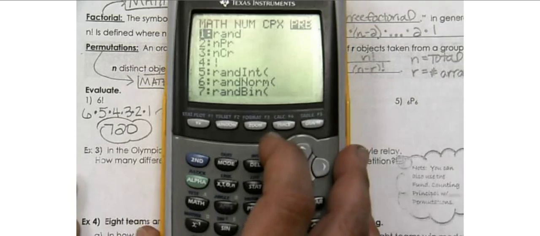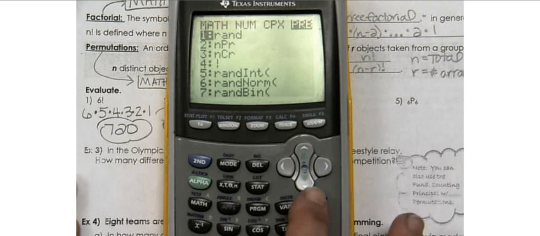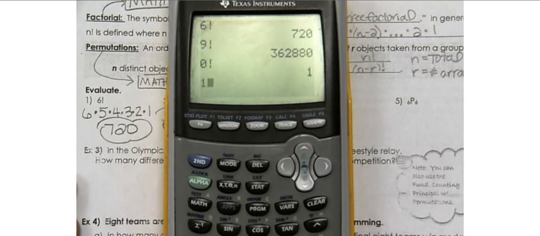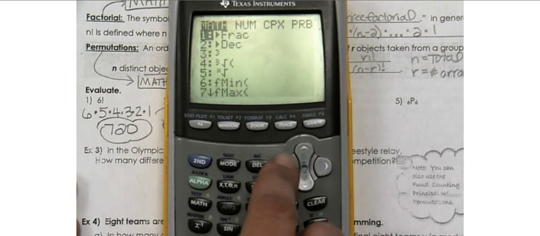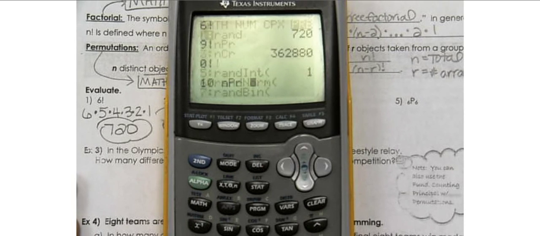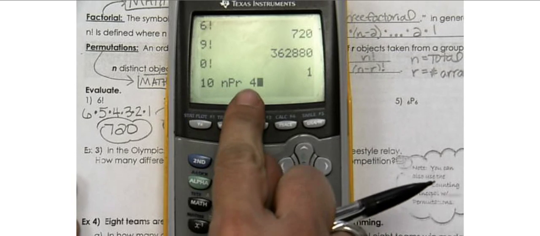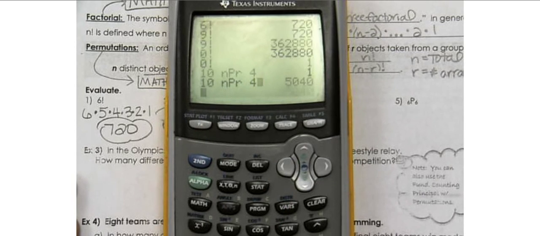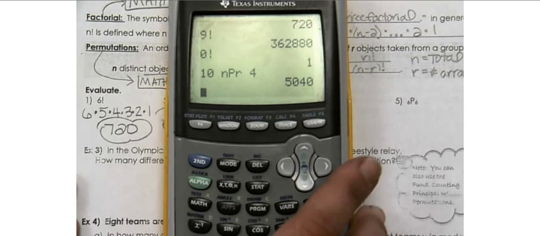So in the calculator, we don't start here with the nPR. We would start by putting in 10, then we would go to Math PRB 2 to get the nPR, and now we would put 4. And that's how we would evaluate 10P4 in the calculator. And that gives us 5,040.